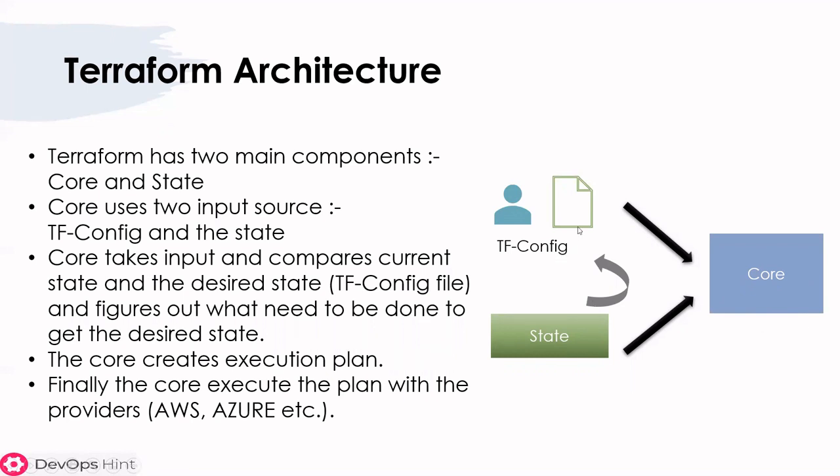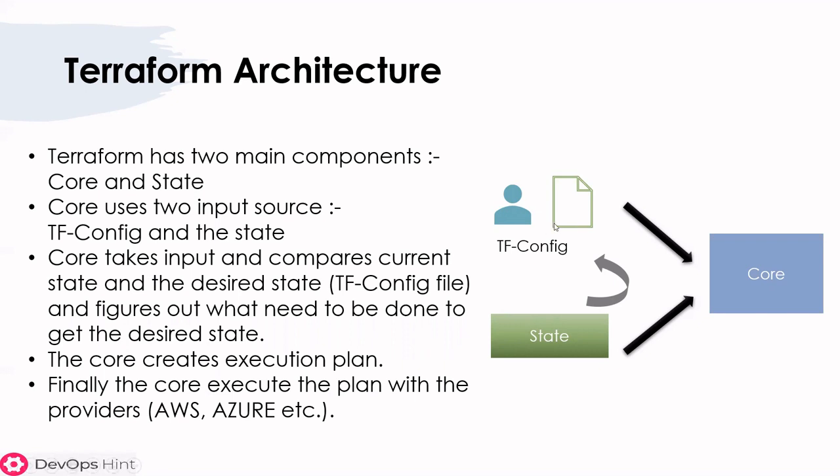In the tf config, which is the first input source, you need to write what infrastructure you are expecting, or what infrastructure needs to be created. All that configuration you need to write here.